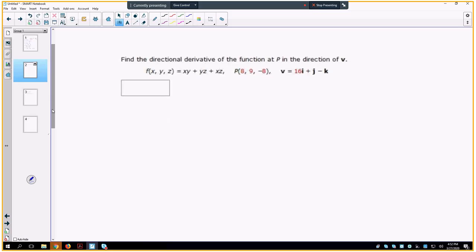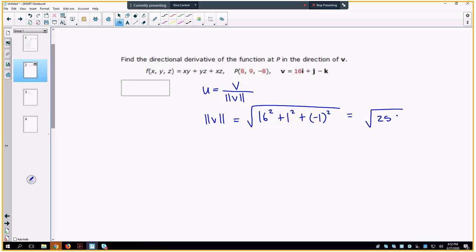So u is going to be v divided by the magnitude of v. The magnitude of v is the square root of 16 squared plus 1 squared plus (minus 1) squared. 16 squared is 256. 256 plus 2 is 258. So the magnitude of v is the square root of 258.